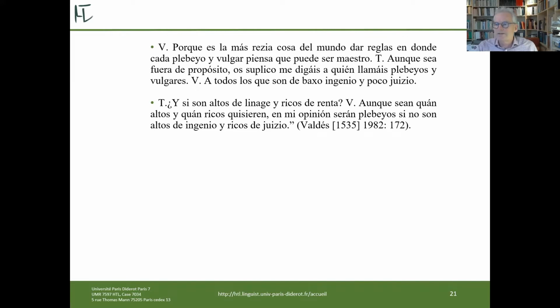So the next step was actually for me to look at some grammars, to see why you sometimes find a lot of observations about irregularities. And if something is irregular, it has an implication that other forms are regular. So there are reglas for regular features, but sometimes reglas are also given for irregular features.